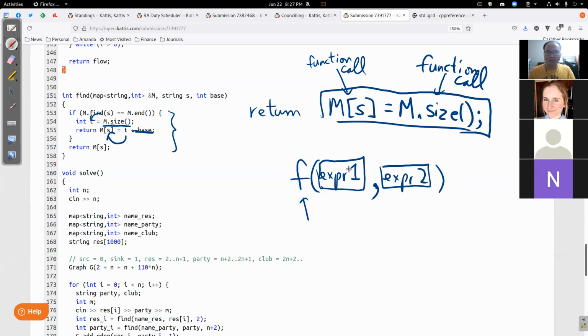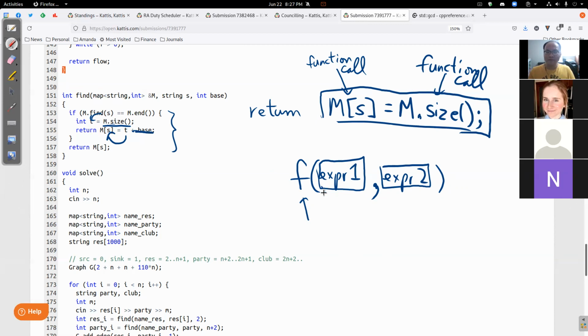It can compute expression 1 and then expression 2, which is maybe what people expect. It can also compute expression 2 first, then expression 1. And if you have fancy hardware and can do things in parallel, it might even do both at the same time. All of those are legal C++ compilation.